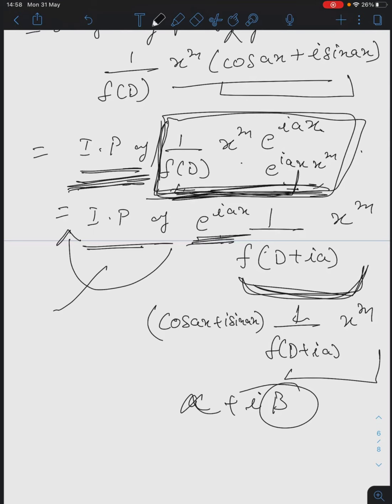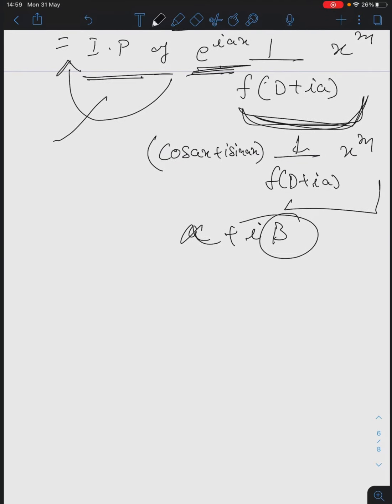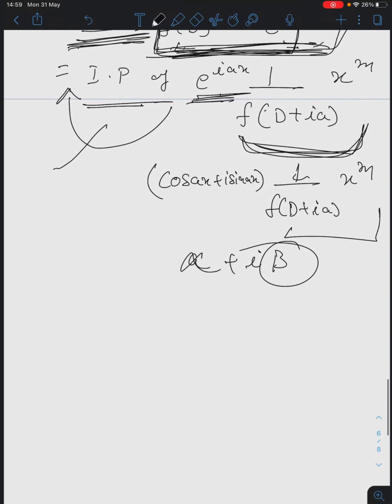Similarly, in the same fashion, you have to calculate for cos ax also. But what will be the change there? Can you guess? What should the real part change? Yeah, you will just take the real part. That means instead of beta, you will consider alpha as the answer. Okay, so this will be the particular integral. This is the second case, particular integral of, or maybe let me write it this way, 1 by f of D on x to the power n cos ax.